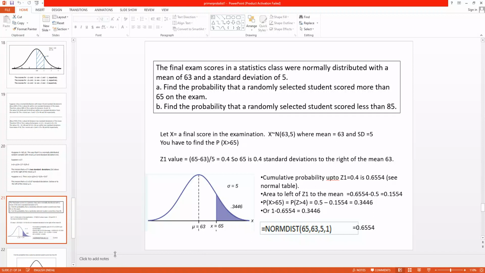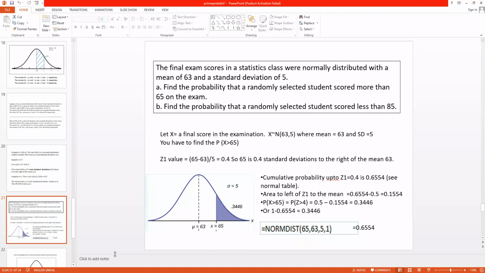Now, you can calculate the cumulative probability up to Z1, which is 0.4, is 0.6554. Now you can do this either by looking at the normal table or you can use an Excel function, NORM.DIST, which is within parentheses 65, which is the x value, comma 63, the mean, comma 5, which is the standard deviation, and 1 is the default value.